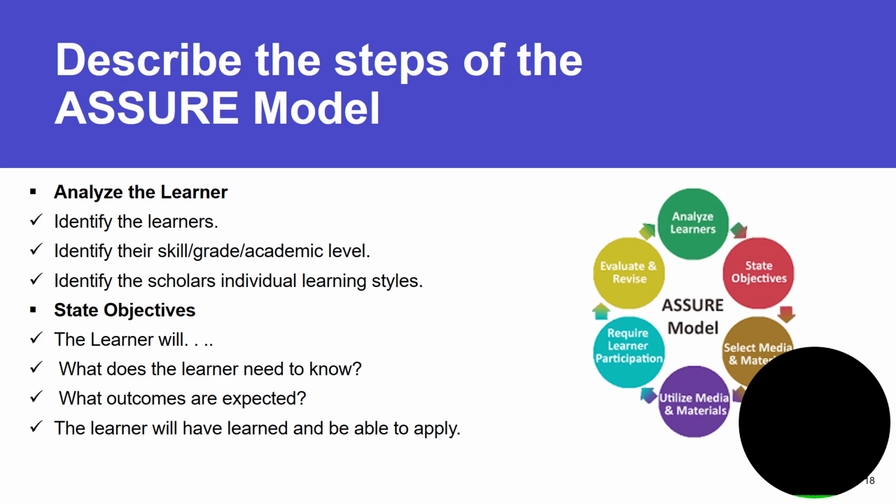It helps to identify their skill, their grade level, their academic level, and which learning style will help educate them the best. It also helps to show what the learner's goals are and how you, as a teacher, may be able to help them to reach those goals. This is why the ASSURE model is essential to learning and processing.